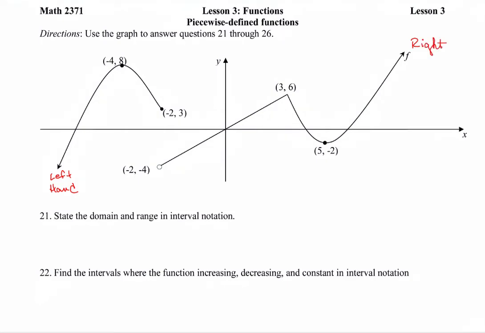To find your domain, you're going to pull these down to match and pull this up to match your x-axis. And that's going to tell your domain. If it flattens out to match your entire x-axis, then your domain is all real numbers, which this one does because even this open circle gets filled in with this hole. All of these will fill in the x-axis.